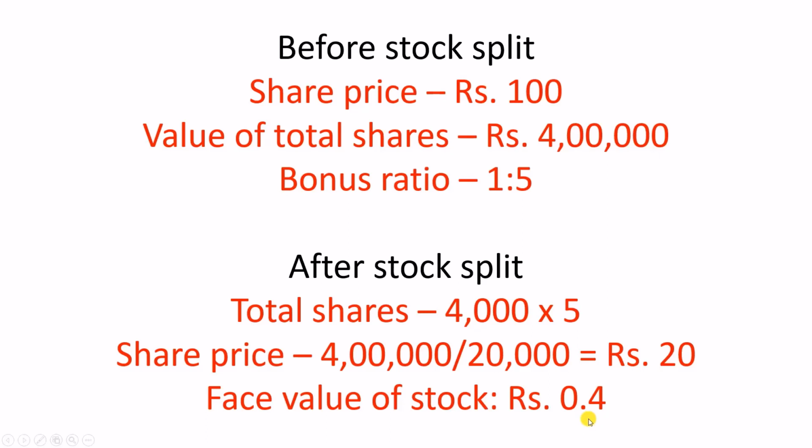This is the difference between bonus shares and stock split. In bonus shares, the face value of the share or stock doesn't get affected. Whereas in stock split, the face value of the stock or share reduces in the same ratio.